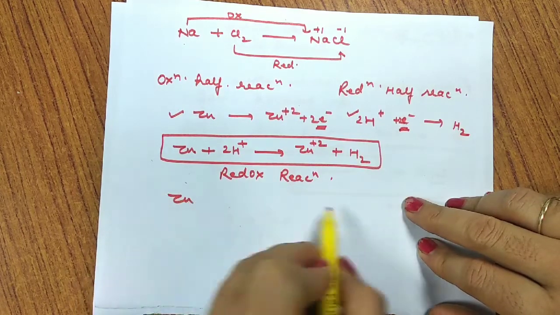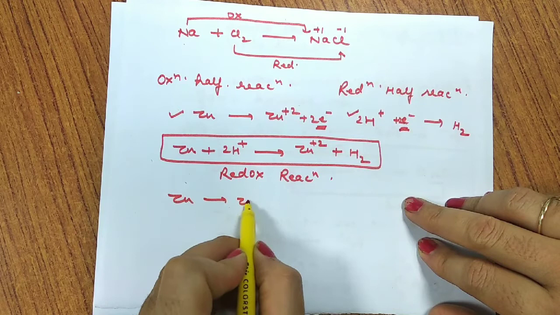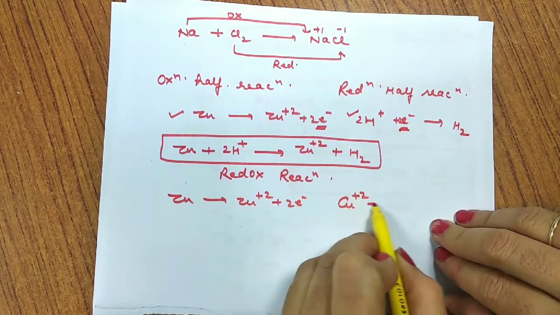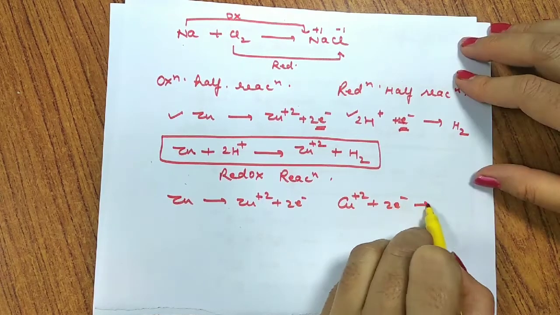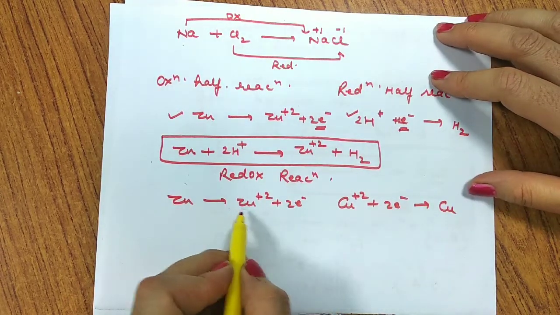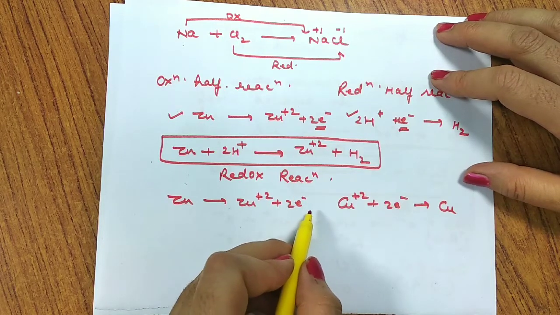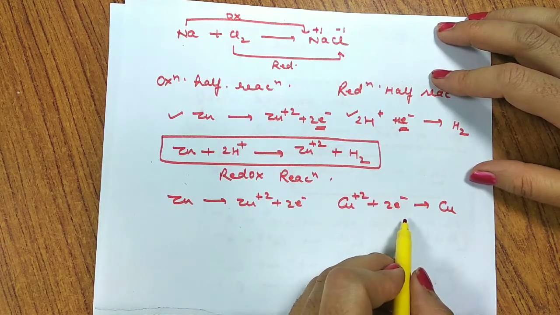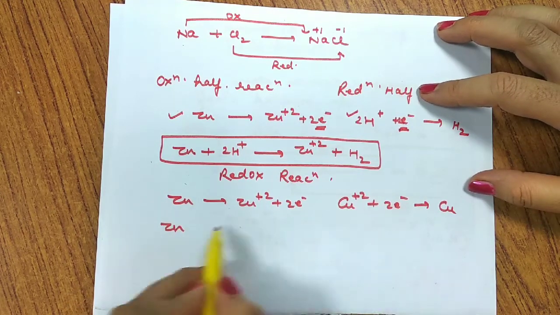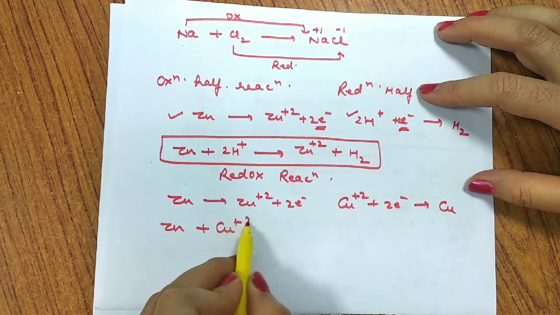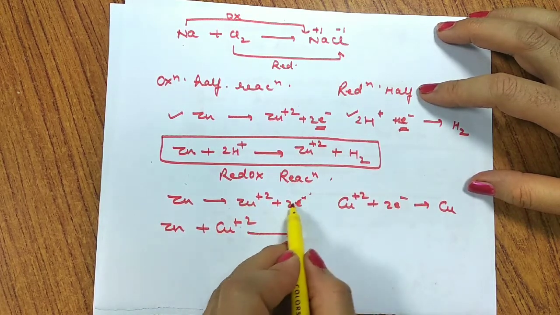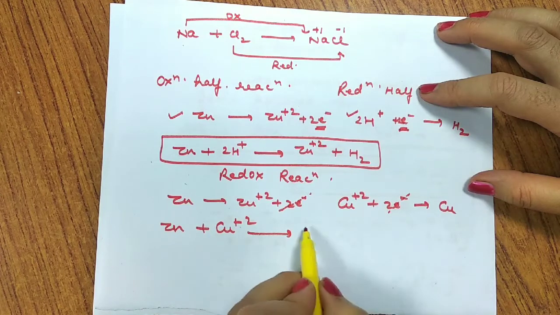Let us talk about a displacement reaction. Zinc loses electrons to form zinc ion. Copper ion gains electrons to form copper metal. Zinc undergoes oxidation because it includes the loss of electrons. Copper ion undergoes reduction because it includes the gain of electrons. If I combine these two, I get Zn plus Cu 2 plus as reactants of both half reactions, then the products of both half reactions, and these electrons will cancel out.